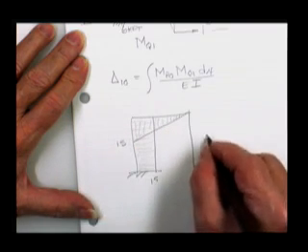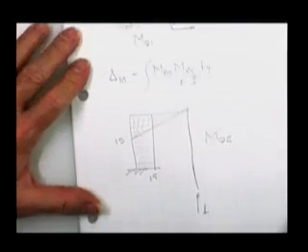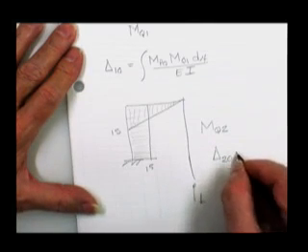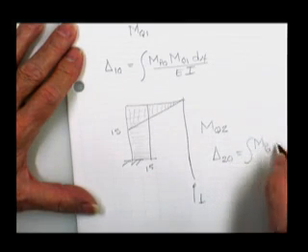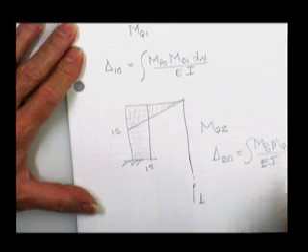That is M sub Q due to a unit load in the number 2 direction. To get delta 2,0, you'll integrate M sub P, M sub Q2, dx over EI, or you'll use volume integrals.